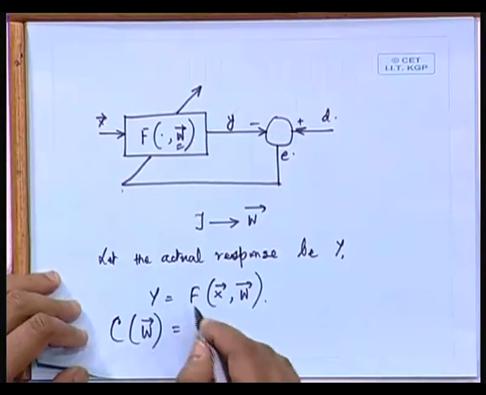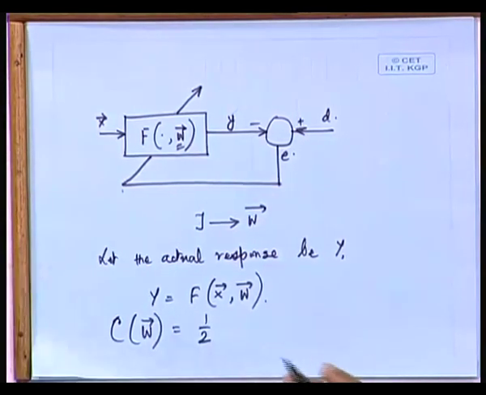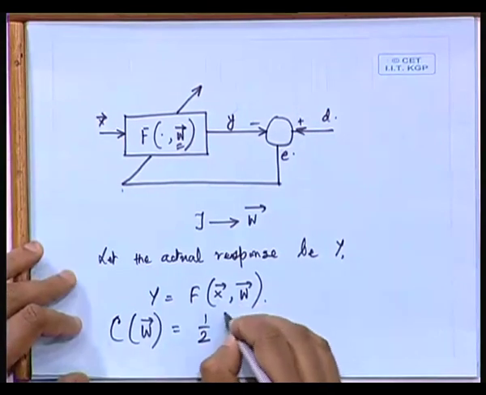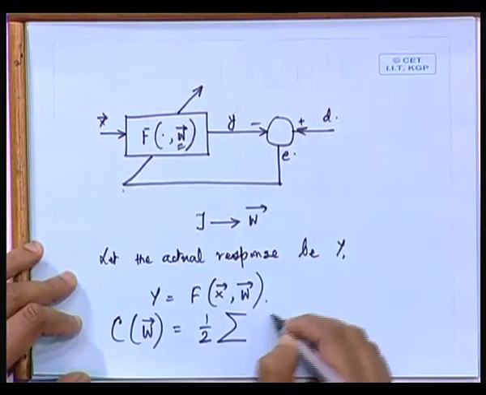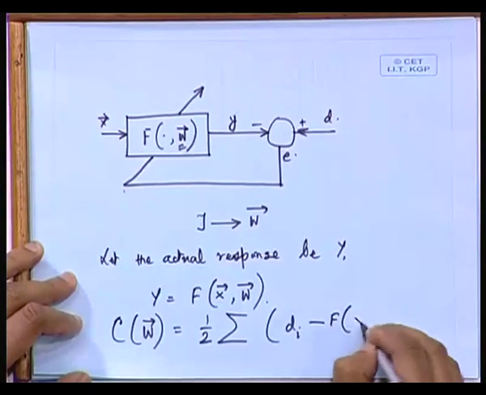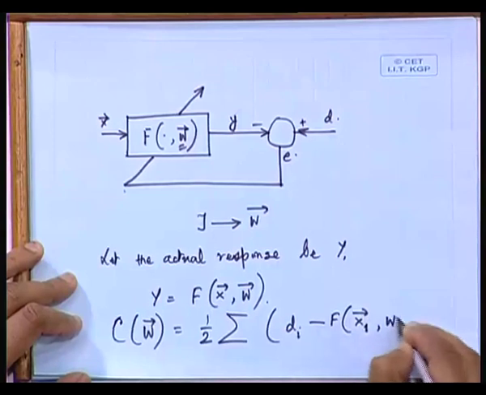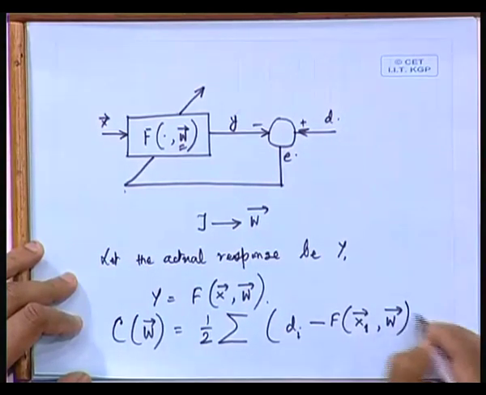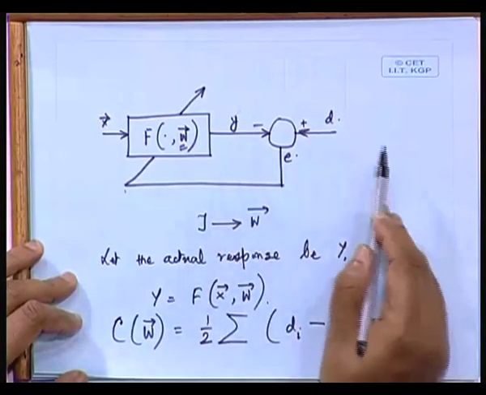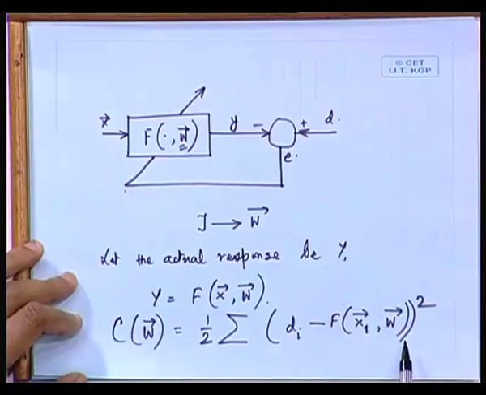So C as a function of w will be written as half, and you remember that it is only for mathematical convenience that we have been using this half, times the summation of di minus f of xi vector comma w, squared. That means the sum of all the squared errors, and the sum is computed over what? What is the limit of the summation?